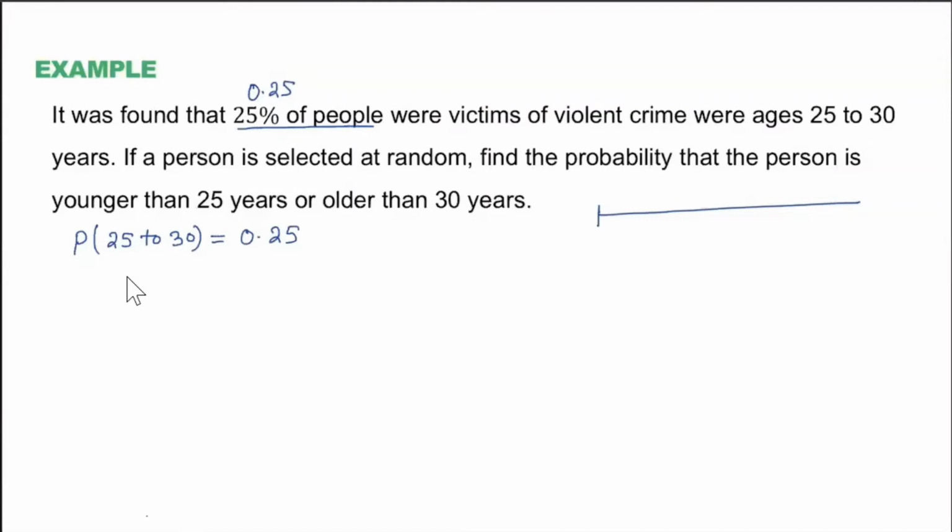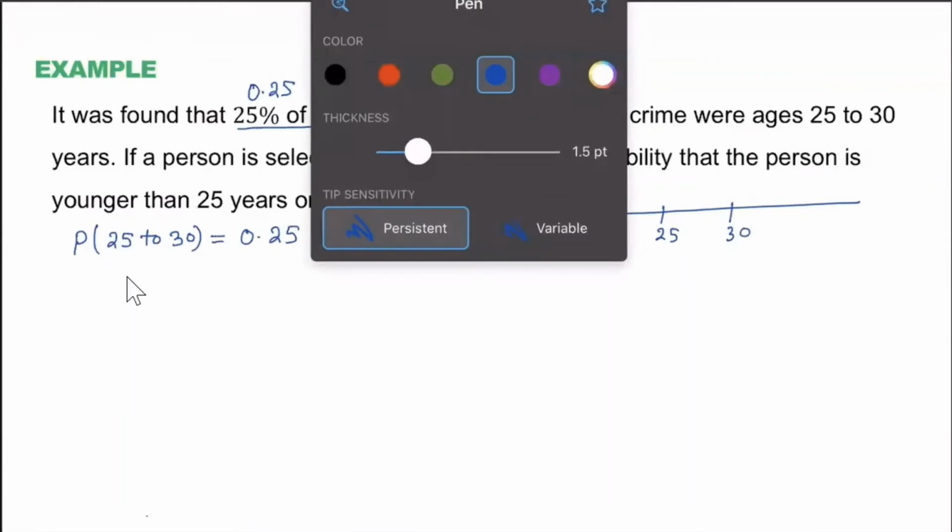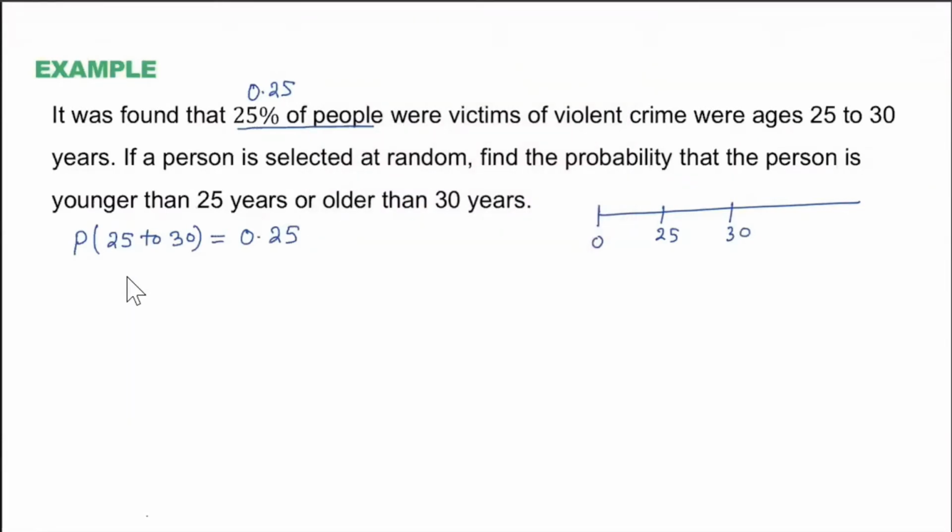Somebody is starting at age 0, and then let's go up to 25, then 30, and more than that. If you look at the little diagram that I've drawn, they have given the probability for this one. The probability that these people are the victims of the violent crime is 0.25.